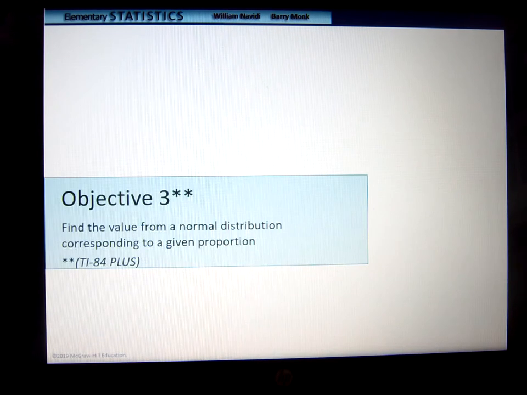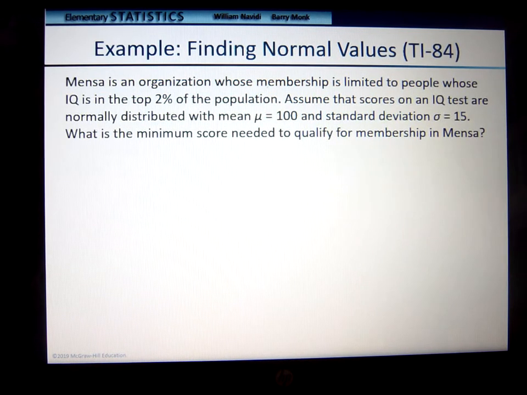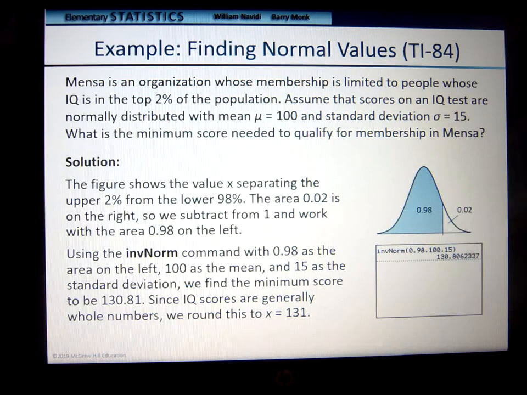Finding the value from a normal distribution corresponding to a proportion using your TI-84. Again, we have the same question. Let's look at the solution. In the figure, we see that x separates the upper 2%, we have the lower 98%.